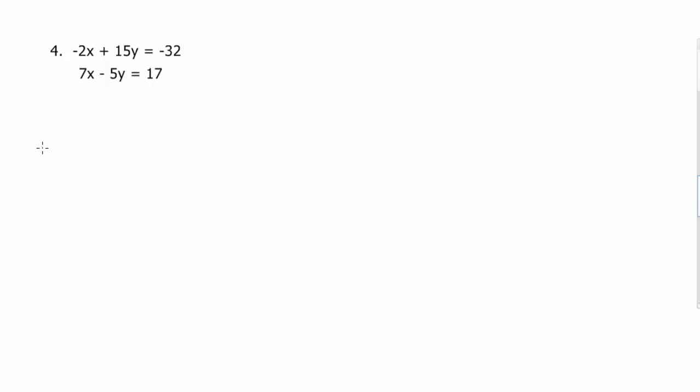So we have two more examples here. This one, you would like to only multiply one of them. If you do the 7 and the 2, you'll have to multiply both. But this one, to get 15, you could just multiply this by 3. So the top one's going to stay the same, and the bottom one will become 21x minus 15y equals 17 times 3, which is 51.